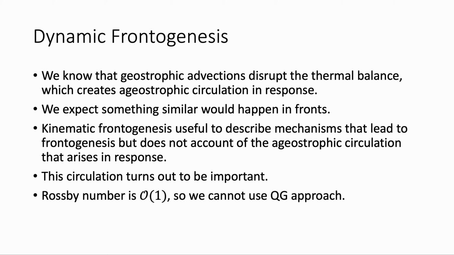The kinematic formulation that we gave so far is a great description to look at some mechanisms that lead to the intensification or the demise of a front, but it doesn't really tell us much about this secondary ageostrophic circulation. Also, we're kind of on our own because, as we said, the Rossby number now is a bit too high, and we can't really rely on QG here.